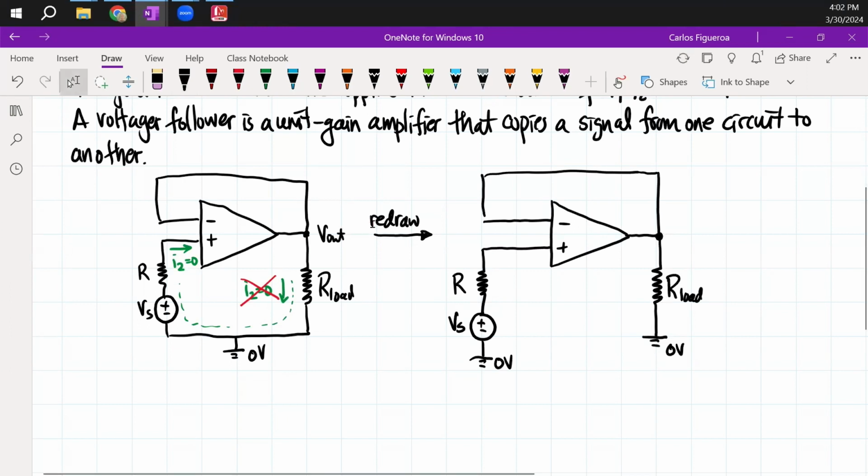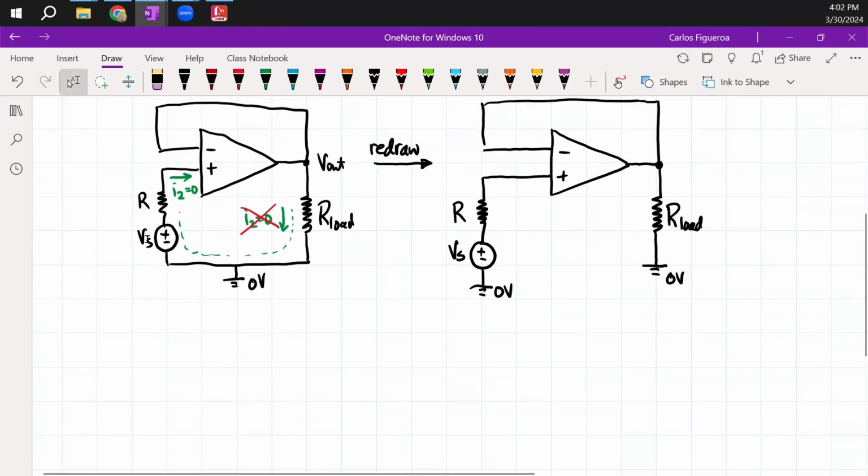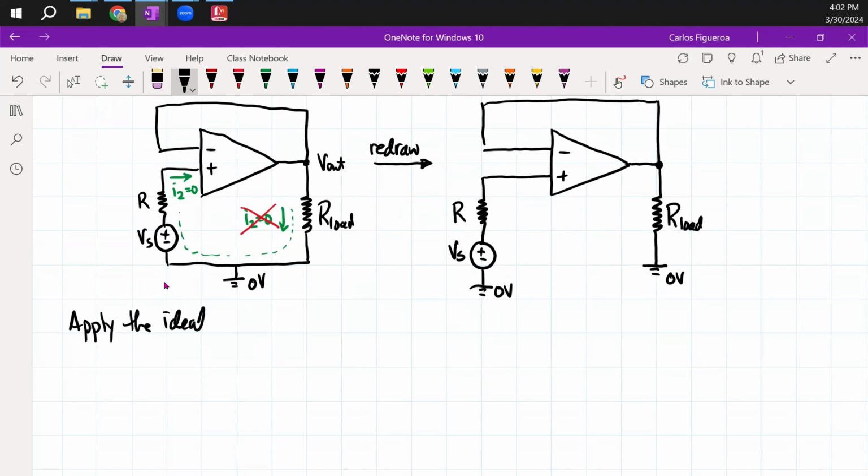So now we could start to look at what is going on. The first thing that we want to do is apply the ideal model right away. So if we apply the ideal conditions, what do we actually see here?